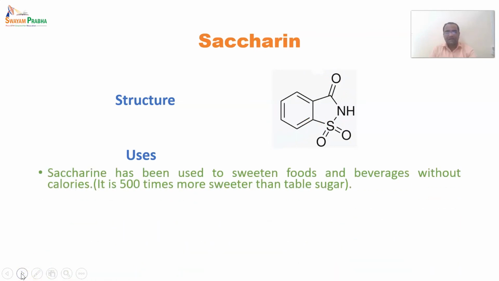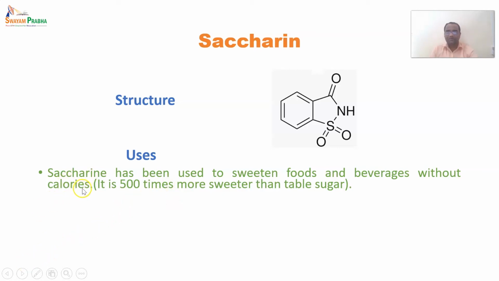It has abundant uses because saccharin is a sweetener agent, and commercially it has been utilized for sweetening foods and beverages without calories, and it has a sweetening taste more than sugar. And how much is it? It is 500 times. So it is very high, and that is why saccharin is utilized, and it is without calories.